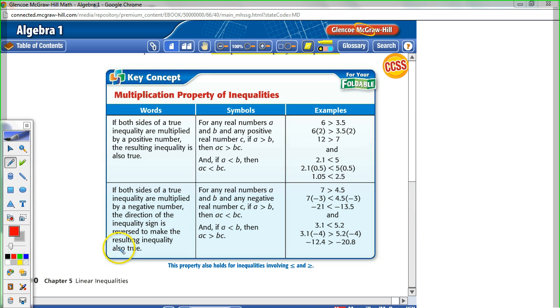So when you're multiplying by a negative number, and actually it's true for dividing as well, the direction of the inequality is reversed. The sign is reversed. Okay.